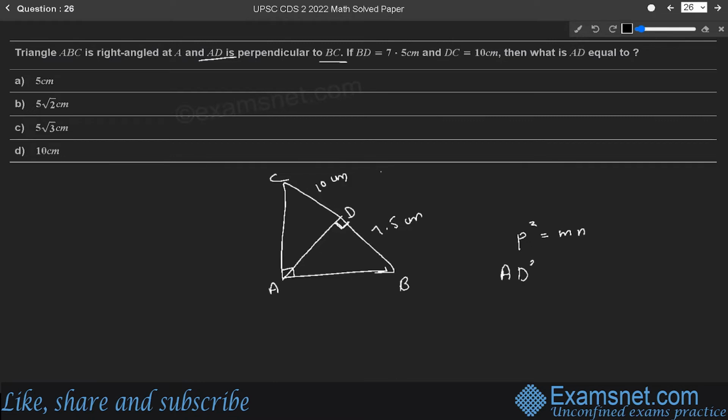So AD square will be equal to 7.5 into 10. So AD square will be equal to 75. So AD will be equal to under root of 75, which is equal to 5 root 3. So the value of AD is 5 root 3. Therefore, option C is correct for this question, which is 5 root 3 centimeter.